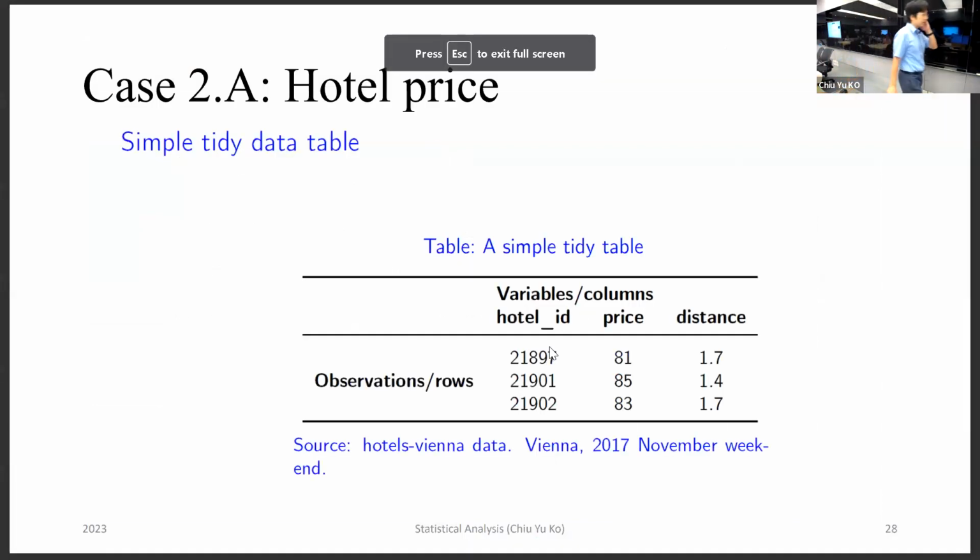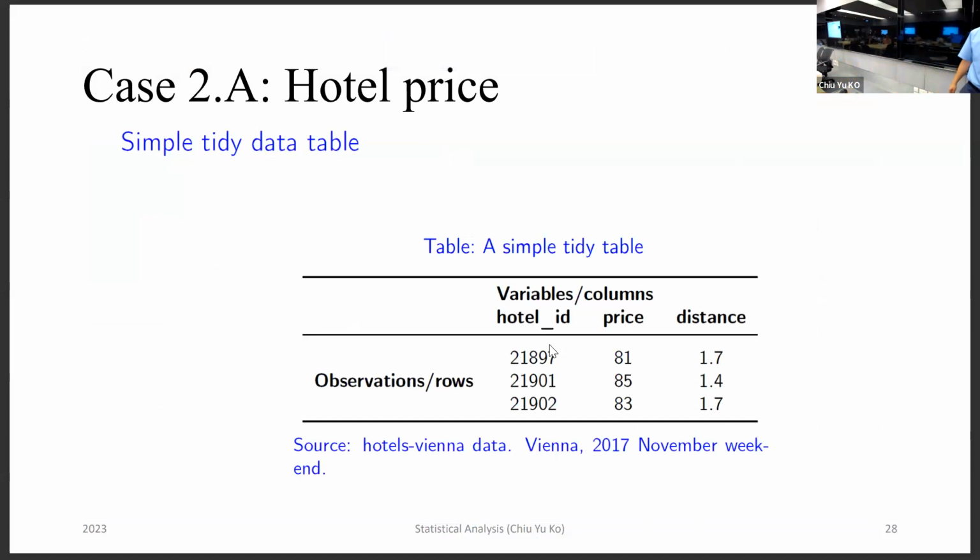This is the tidy approach when you talk about the hotel price. This hotel price table has each row by ID, and each column tells us, for this ID, the price and distance. Of course, you can have a tab just for price or a tab just for distance, but sometimes you don't need to break down so small. You can put them in different columns.